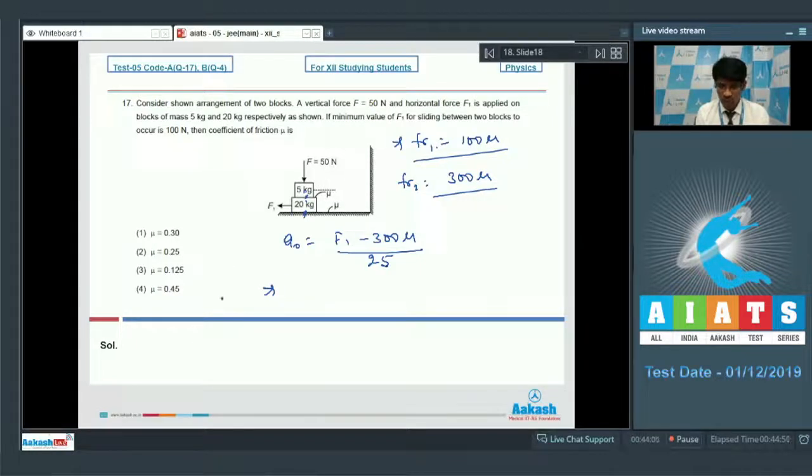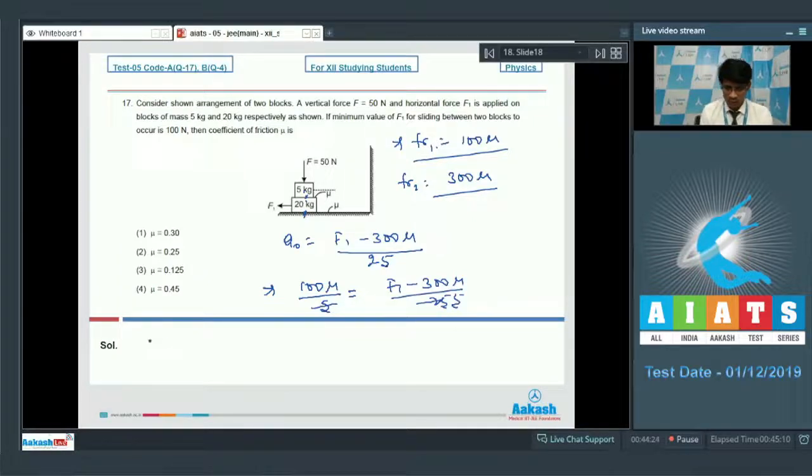So for this portion, the friction force along the direction, that is how much? 100 mu. I would say 100 mu divided by 5. It must come out to be a0 itself, and it is F1 minus 300 mu divided by 25. Just have the calculation here.